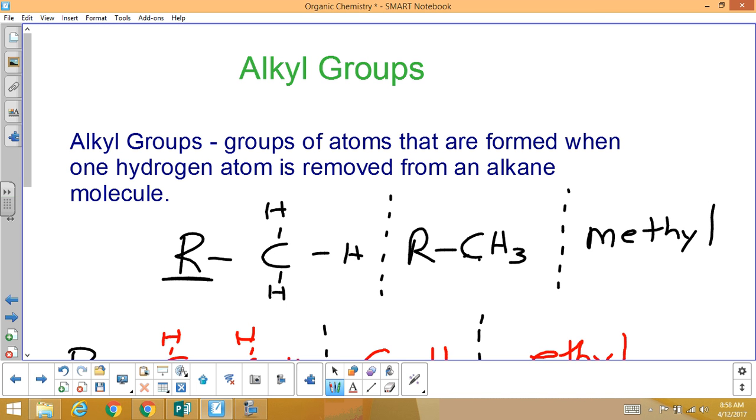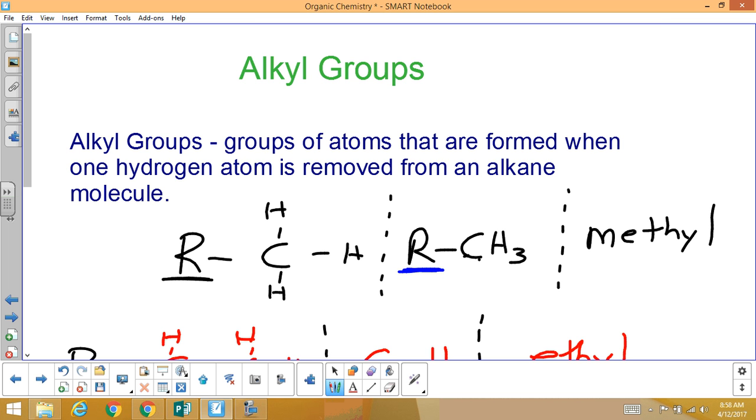Now, since it does deal with just one C, it's still going to be referred to as a meth. So anything we refer to something that has one C, if it's a long chain, or if it's just a branch, it's going to be referred to as meth. Now, since this has a group connected to it, this R, so there's a chain.